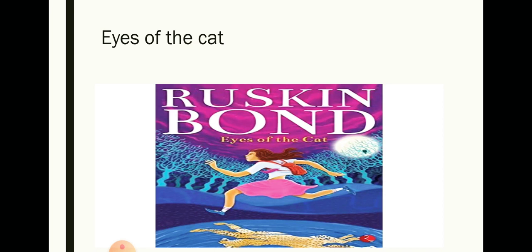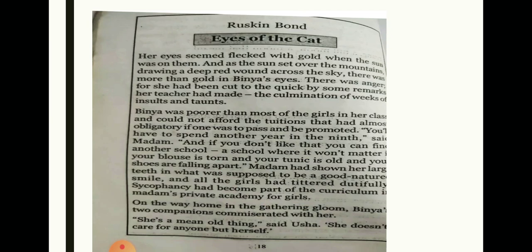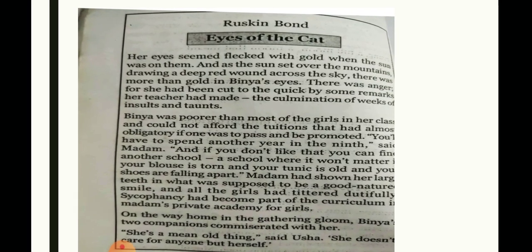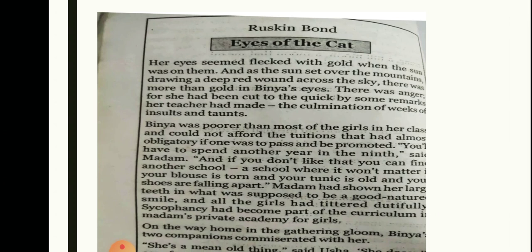In this I've told you to go and find out the adjuncts and different kinds of verb phrases used in the short story, Ruskin Bond's Eyes of the Cat. So this is how the short story goes: Her eyes seemed flecked with gold when the sun was on them, and as the sun set over the mountains, drawing a deep red wound across the sky, there was more than gold in Binya's eyes.